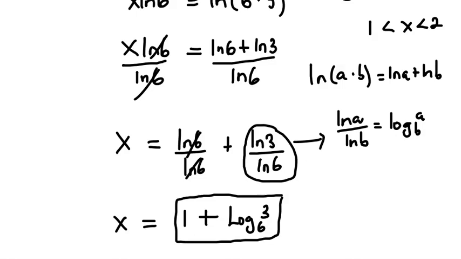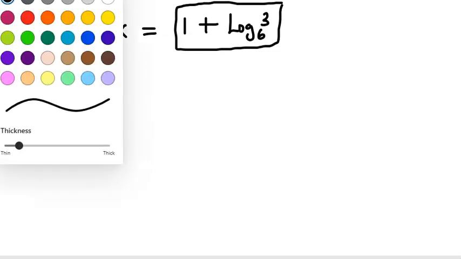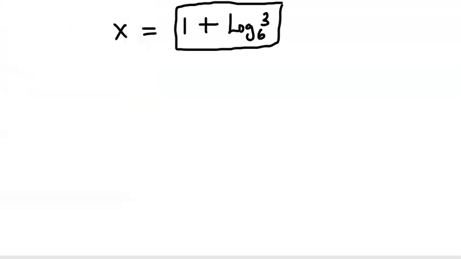Now let us cross-check our answer and know whether our answer is right. Remember, our original equation is 6 to the power of x, and this gives us 18. Now we're going to plug in the value for x at the left hand side to see if that will give us 18.